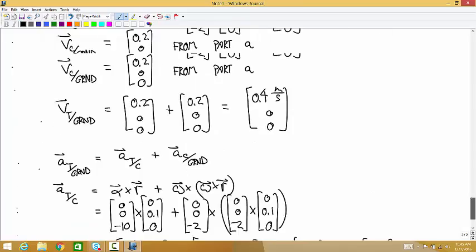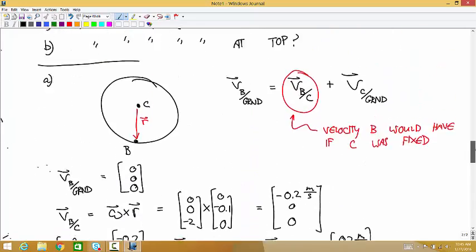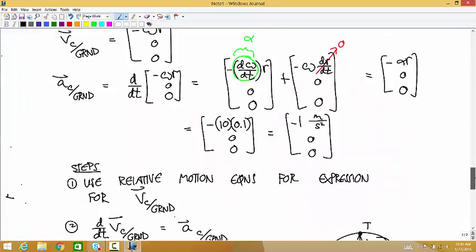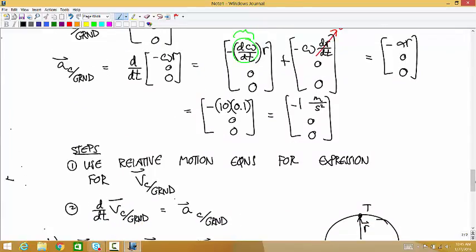That shouldn't have been a negative. That should be a positive. Let's see. Oh yeah, because this is a negative 10.